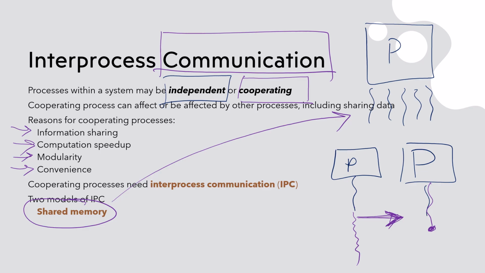If you're running Word with an embedded spreadsheet and you're editing in Word, then these would be sharing memory, because you're making the edits directly in both Word and Excel. But most of the time, the idea is to keep processes from accessing the memory space of another process, and in that case you would have to do some type of message passing.